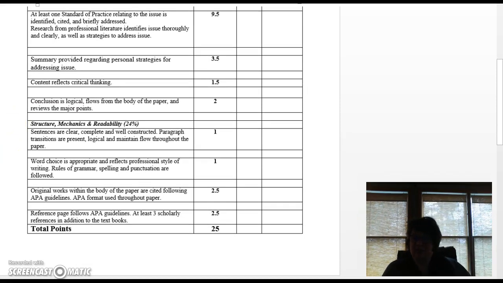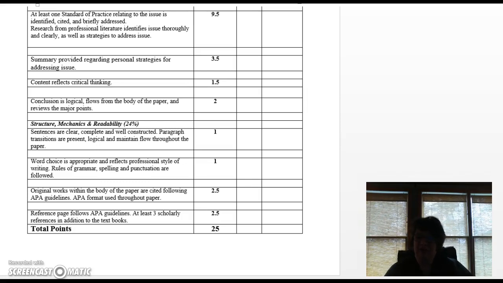And as always, make sure that you follow APA format, and this is a formal paper, so we don't need to use first person. Make sure that your word choice and your sentence structure is good, and that the paper flows well. If you have any questions as far as how to proceed with the paper or deciding between issues, let me know.